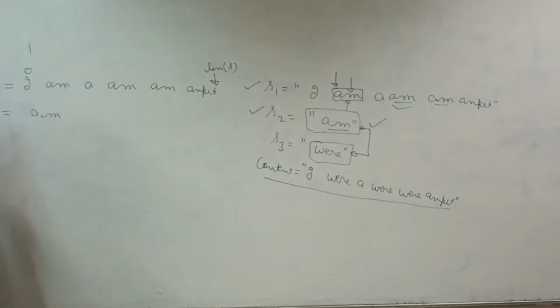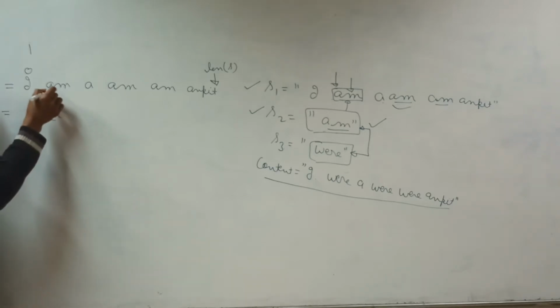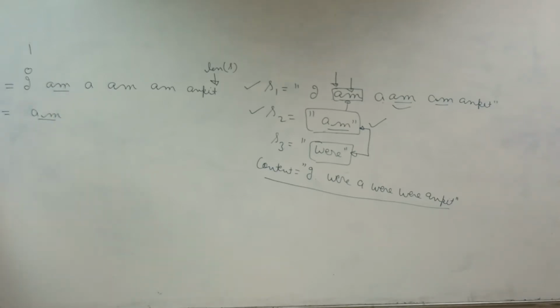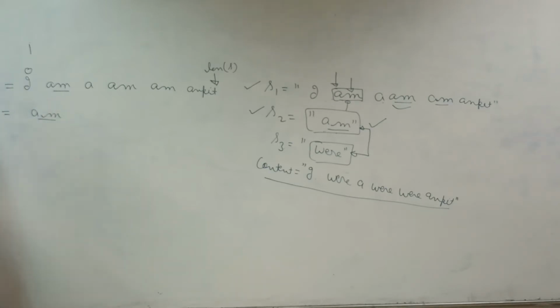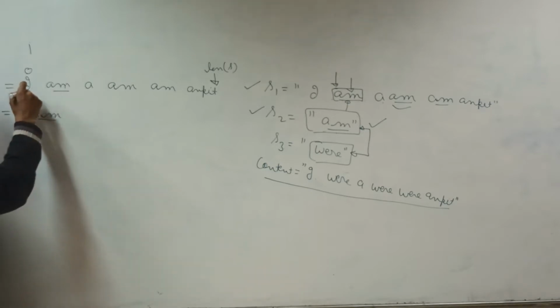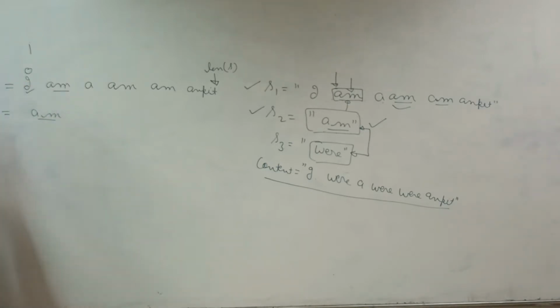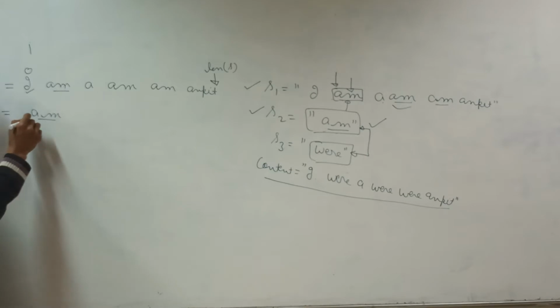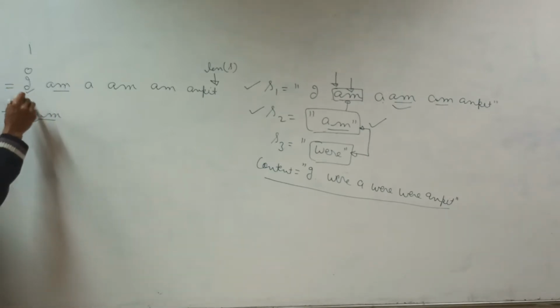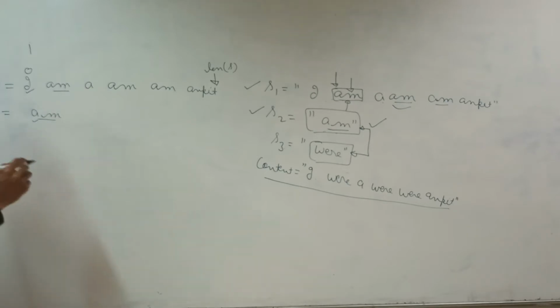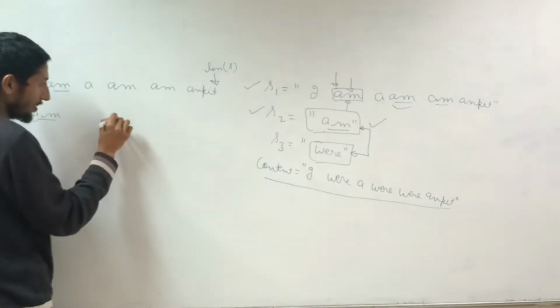What is the meaning of this? I will check whether this substring is present or not. How can we check this? First of all, I will compare A and I. After comparing the first character of the original string and the first character of the substring, what do I get? I and A are not matching.